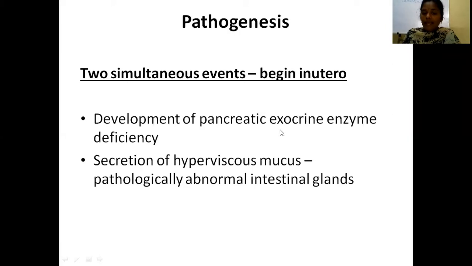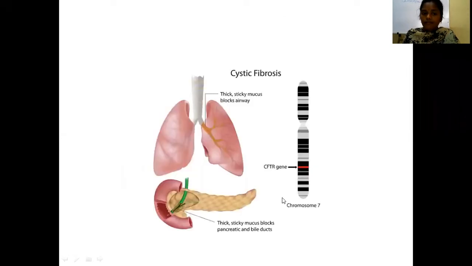Normally, the pancreatic enzymes are used to keep meconium in its normal form. As there is a deficiency of these pancreatic enzymes, the meconium will become thicker and more viscid. And the second is secretion of hyperviscous mucus. There is secretion of abnormal mucus by pathologically abnormal intestinal glands.